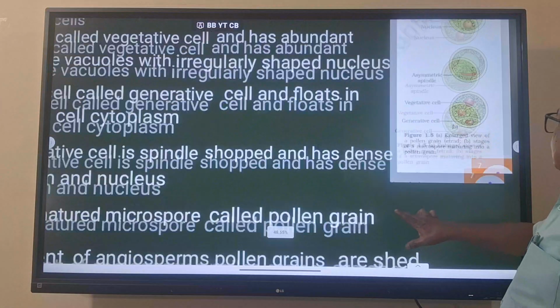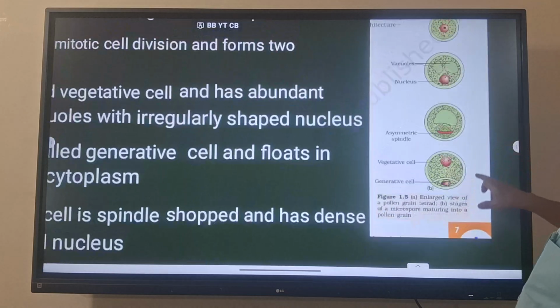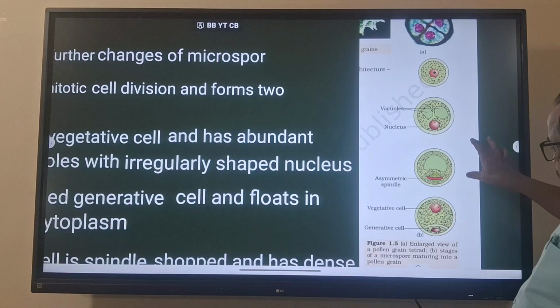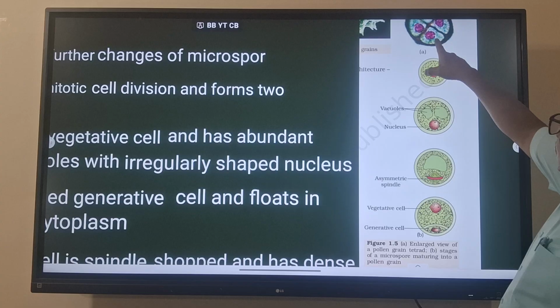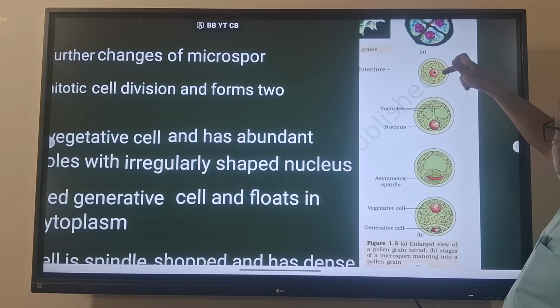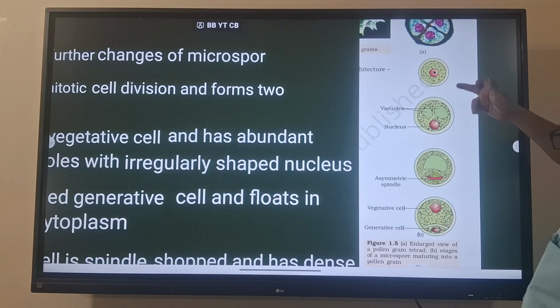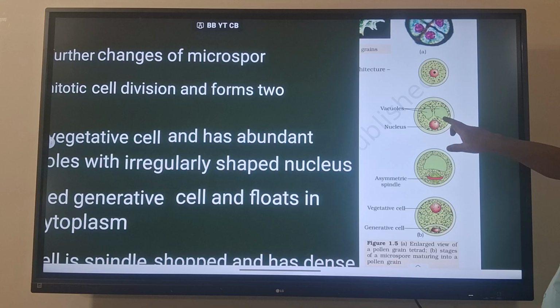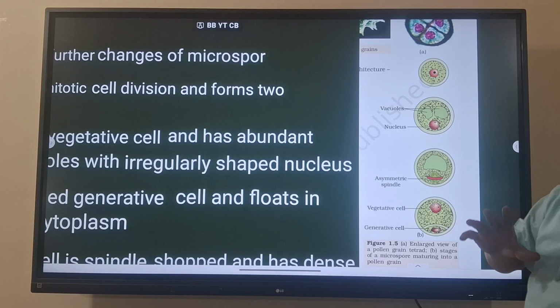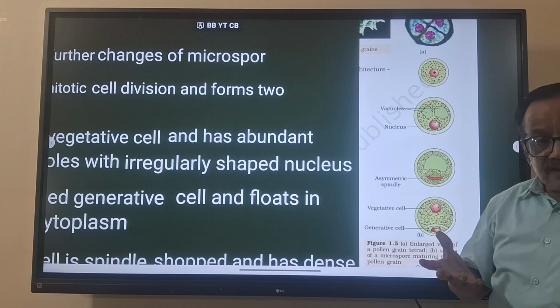Now this is very clearly told in the textbook also: the microspore tetrad separates, the spore comes, and the microspore develops as the pollen grain by mitotic cell division, and in that division also two unequal size cells are formed.